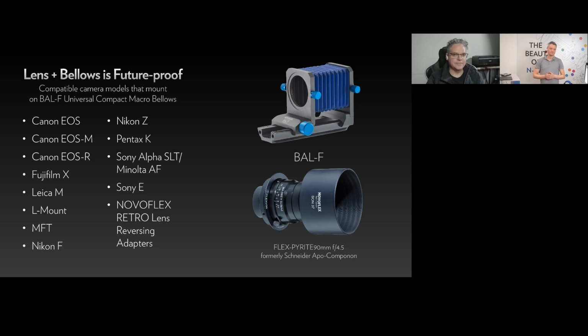And if you're one of the happy owners of one of our auto bellows kits that we sell, all of these auto bellows kits are based on the Bell F bellows. If you want to invest in the flat field lens too, all you have to do is detach the lens mount of your auto bellows, let it hang sideways, and attach the 90mm Pirate lens. It's as easy as that because the camera mount is already there.